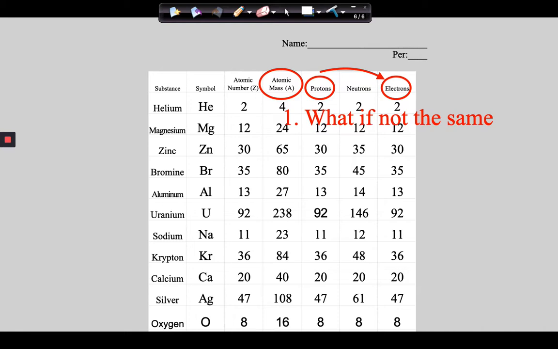So guys, you should remember that the atomic mass is the number of protons and neutrons. But guys, this brings up a problem. If you remember, protons have a mass of 1 and neutrons have a mass of 1. But if you look on the periodic table, you'll notice that most of the masses are not whole numbers.